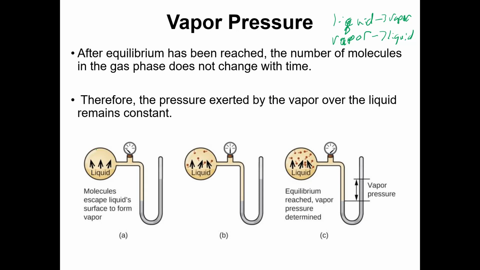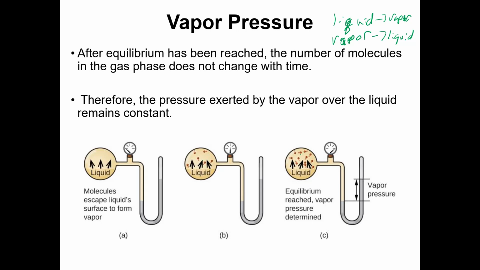So if you think about it, you put your liquid into your container, and if we've just put the liquid in there, then some of those liquid particles are going to start to escape and form vapor, and they're going to continue to do that. So for a while, the concentration of our liquid and our vapor is going to be changing.